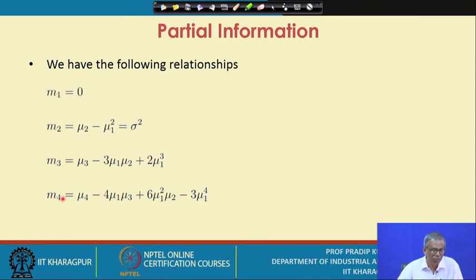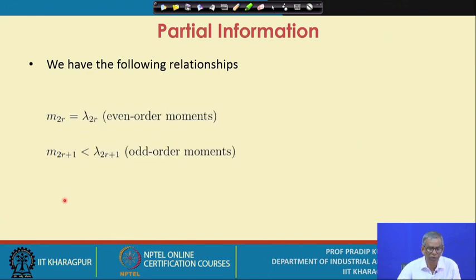So if the data are available with which you can calculate up to the fourth moment, that is enough in the majority of cases. This point you just keep in mind, and then we have the following relationships.